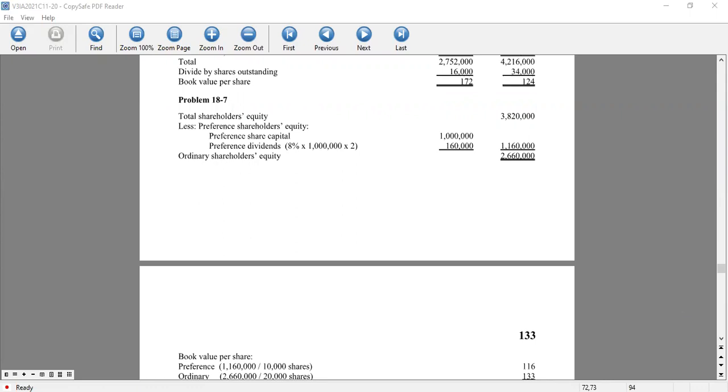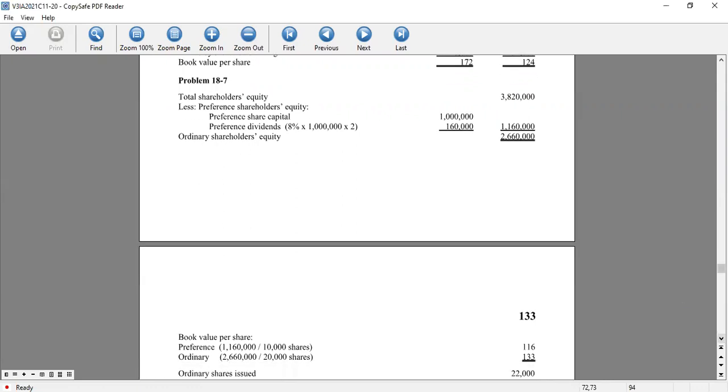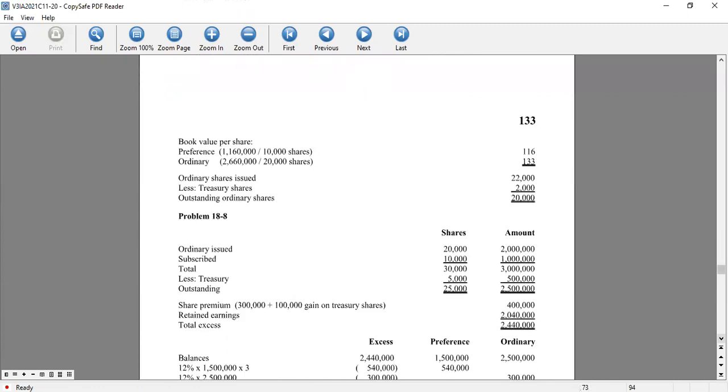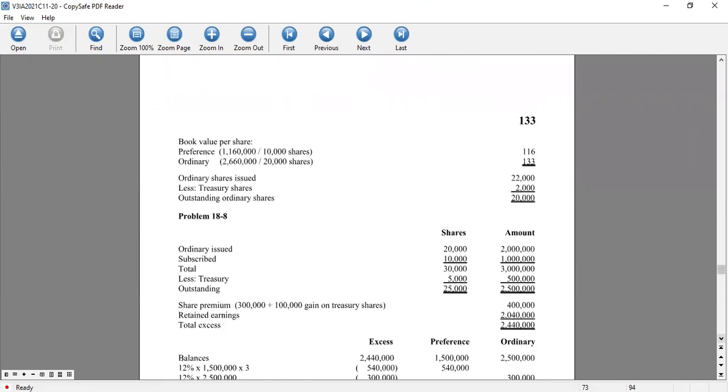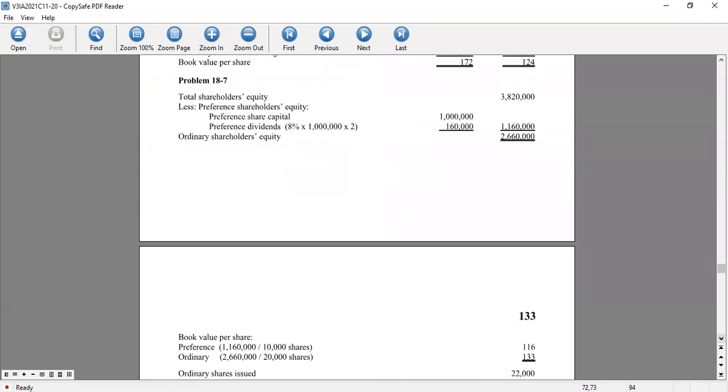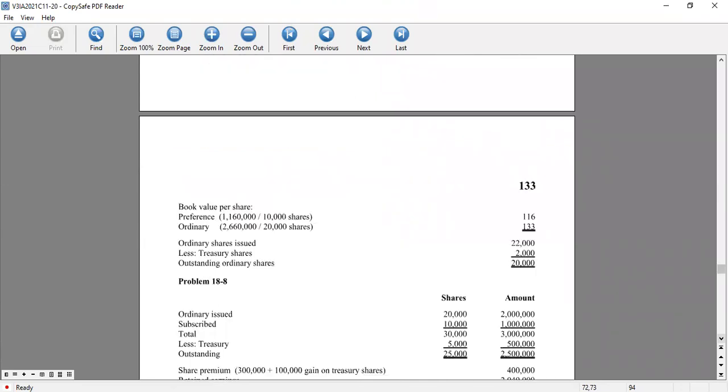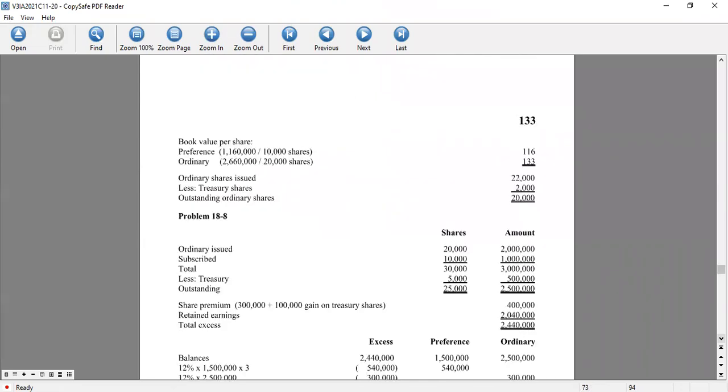So now computing for the book value per preference share, 1,160,000. That's your shareholders' equity for preference shares. So we have 1,160,000 divided by the number of preference shares. That's for 1 million, and we have the par 100.